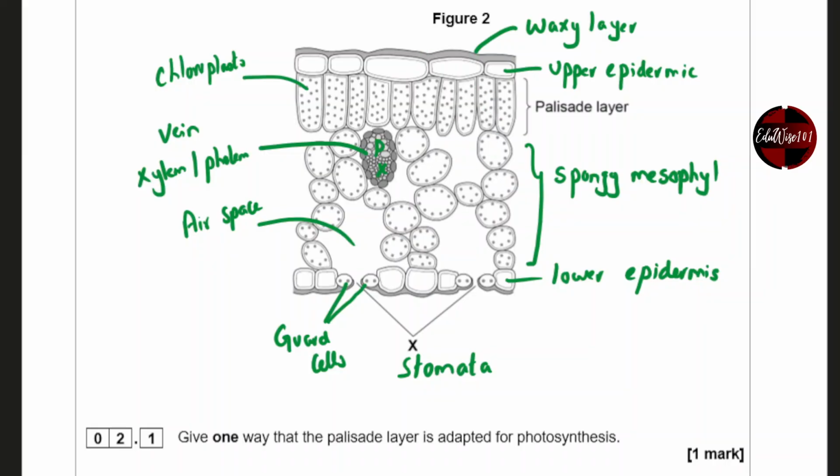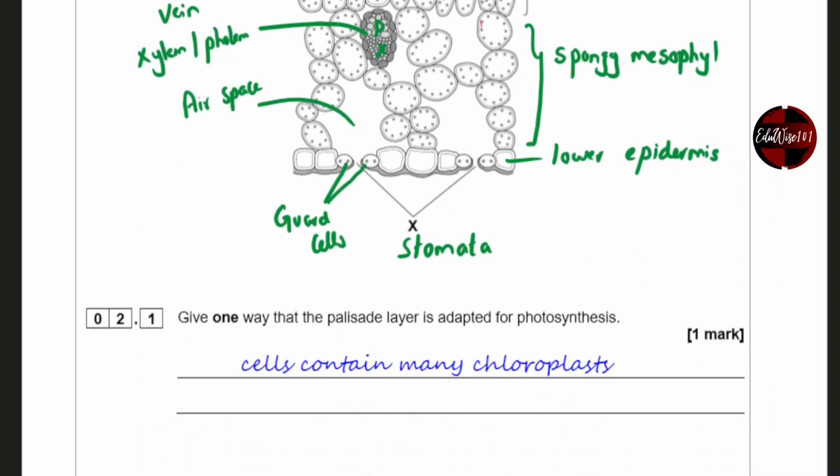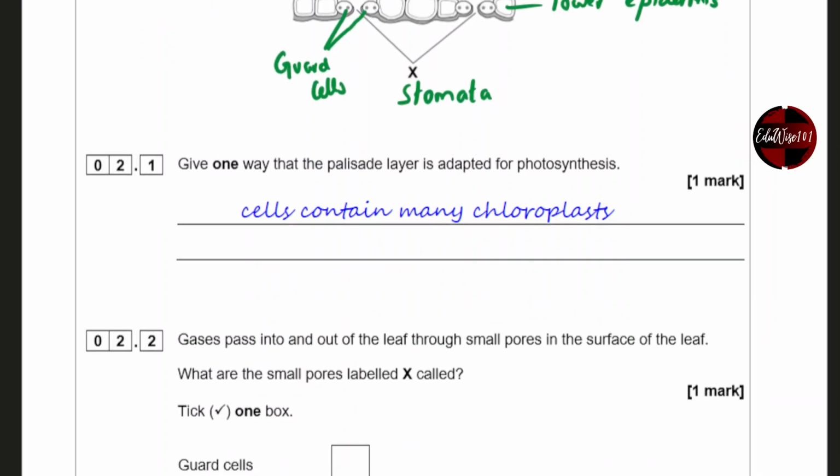As light enters from the top, it's going to pass through this layer of cells. So you want the cells close to each other and pass through as many chloroplast as possible before it reaches the second layer. So the answer, cells contained many chloroplasts, is the best answer.